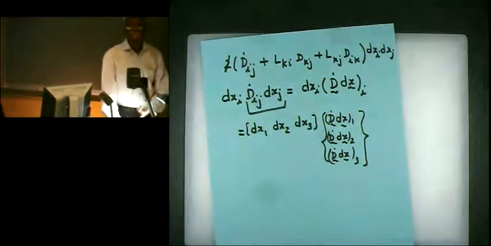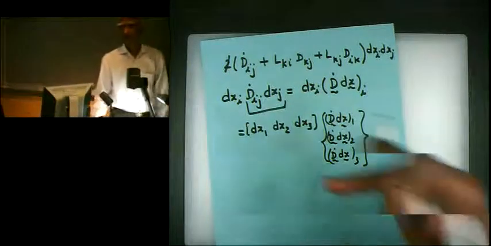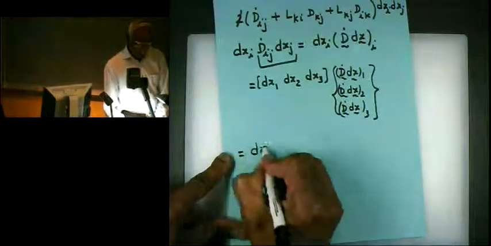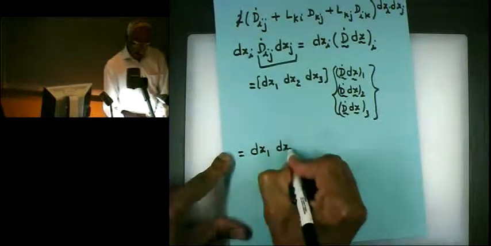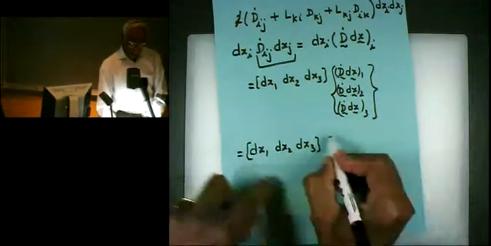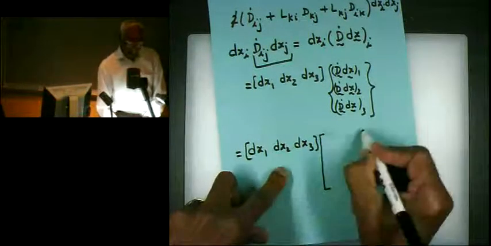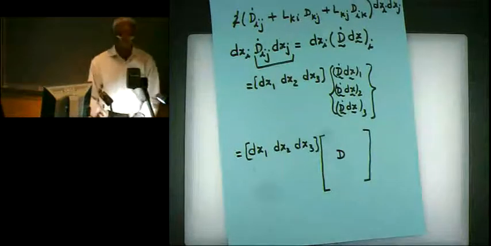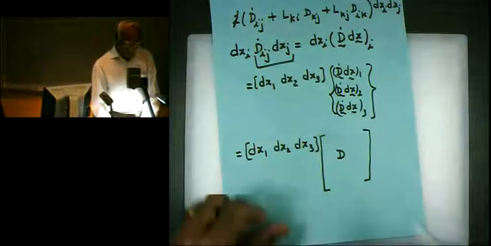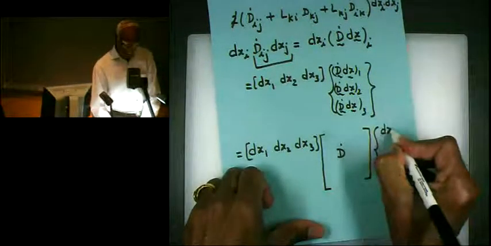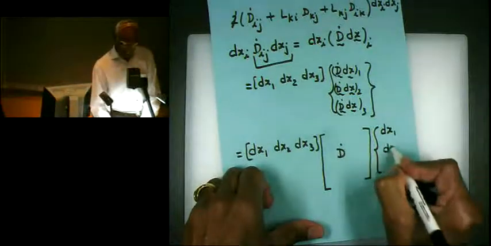And if you multiply these matrices now, you will get the inner product. Then we can write dx1, dx2, dx3, and this D matrix, which is like D11, D12, D13, D21, D22, and so on, and this dx1, dx2, dx3.